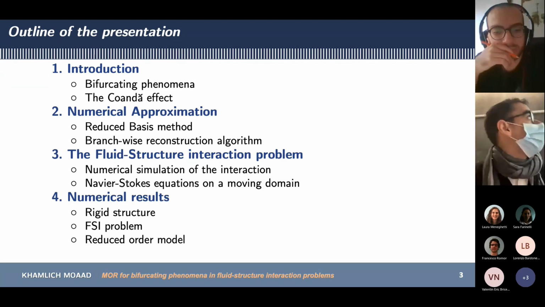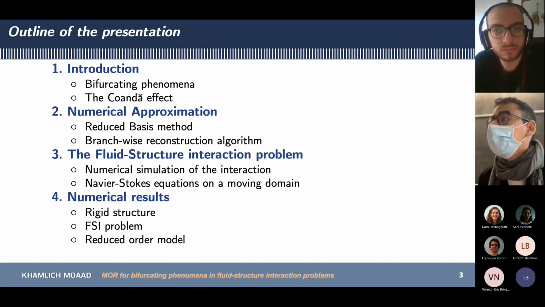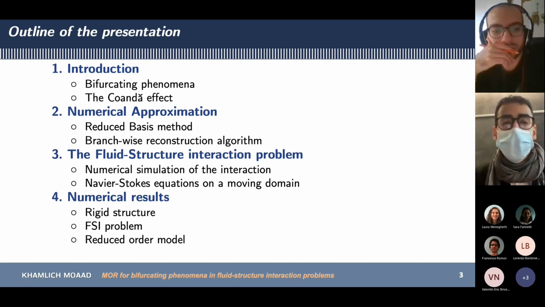This algorithm has been used to tackle the particular test case at hand, but it is way more general and can be used to approach any other kind of bifurcating analysis for a generic nonlinear partial differential equation.